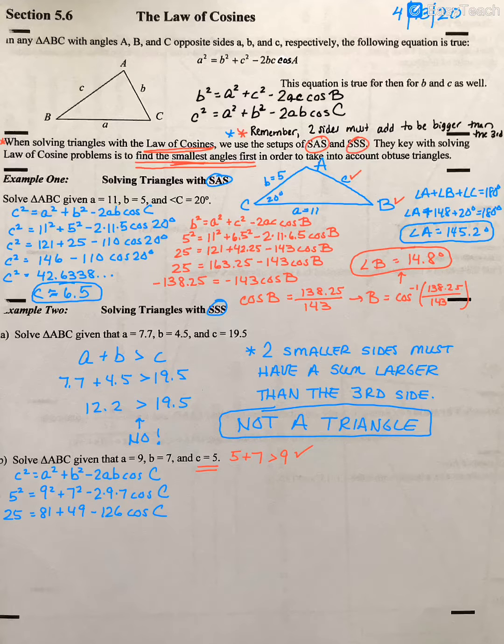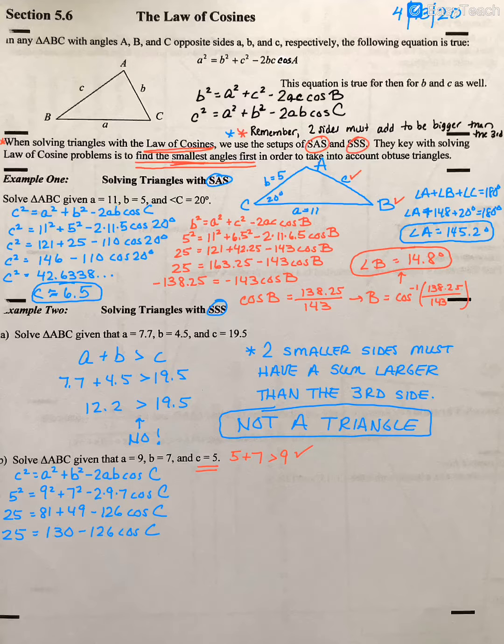If you have not already added 81 and 49, go ahead and do that. So 25 equals 81 plus 49, it's 130, minus 126 cosine of C. In order to continue solving for C, you want to get cosine of C by itself.